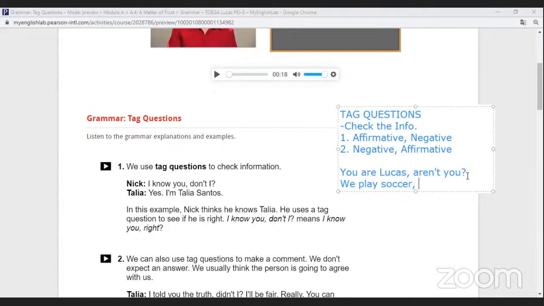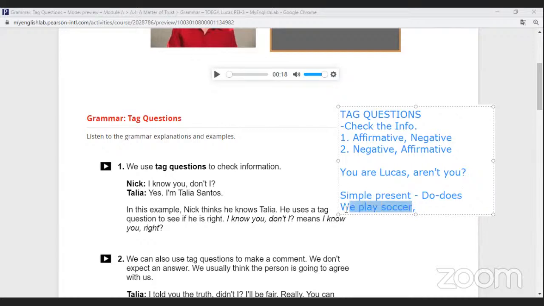No, because in this part we are talking about simple present. Do you remember that in simple present we don't use the auxiliary in affirmative sentences? For example, this is simple present. Do you remember that the auxiliary is do and does? And we said that do and does we don't use in affirmative sentences, only in negative and questions.